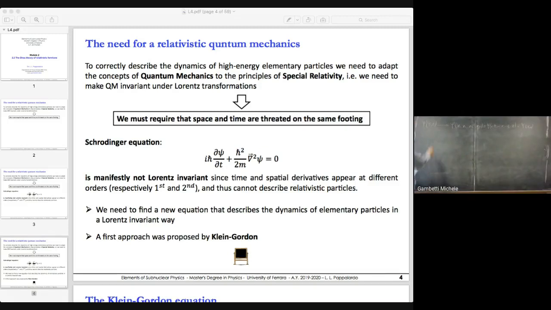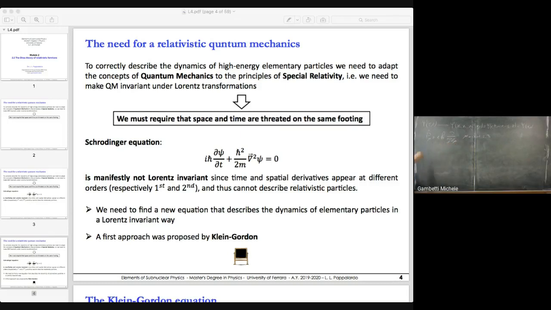Now we can introduce the momentum operator, p mu, much like the same way we do in non-relativistic quantum mechanics, but now, of course, using the Lorentz index: x mu, with mu equal to 0, 1, 2, and 3. So in quantum mechanics, we just have the spatial derivatives. Here you also have the time component.